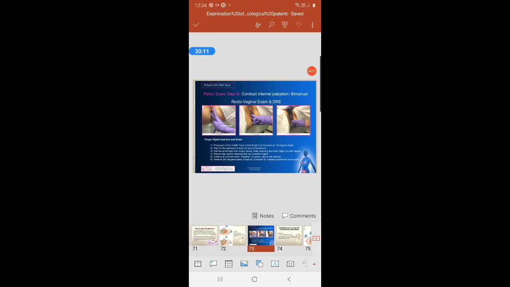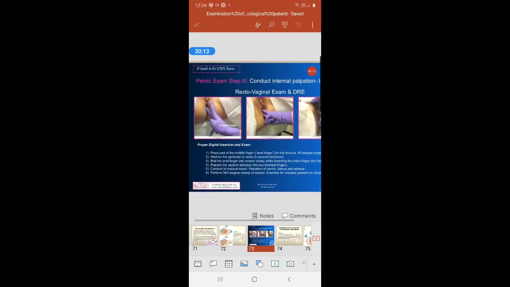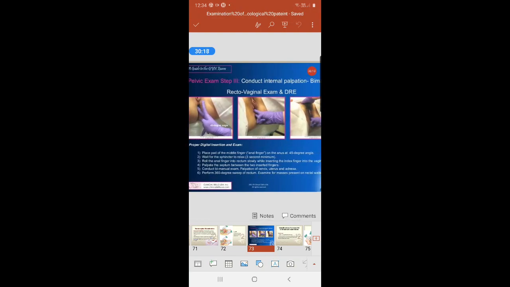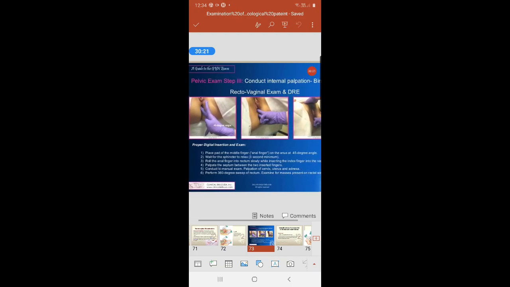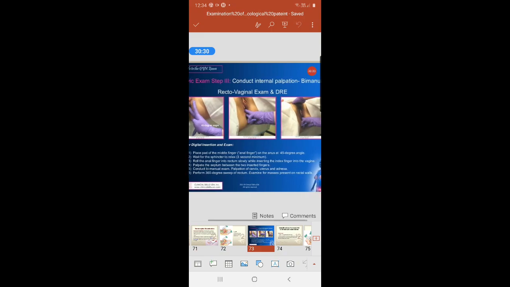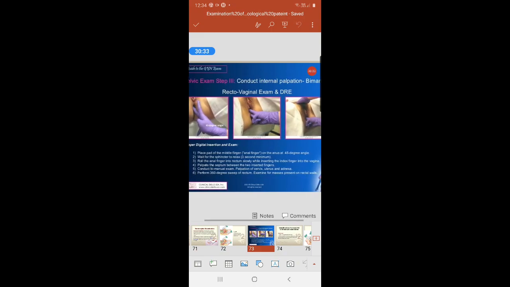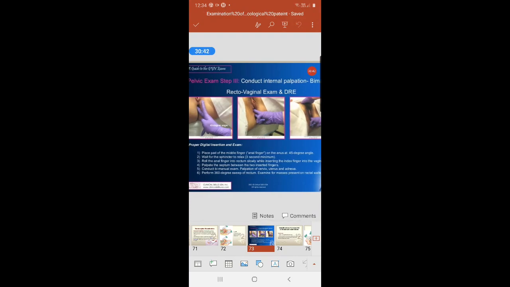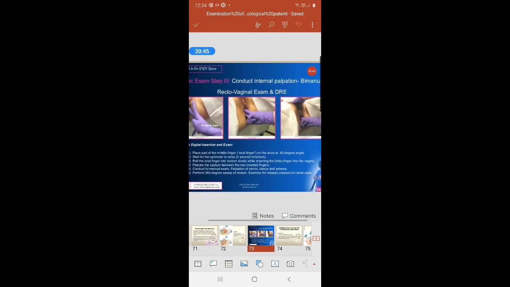recto-vaginal examination method, place the pad of the middle finger, the anal finger, on the anus at a 45-degree angle. Then wait for the sphincter to relax. Three seconds minimum you have to wait. Then roll the anal finger, the middle finger, into the rectum slowly while inserting the index finger into the vagina.